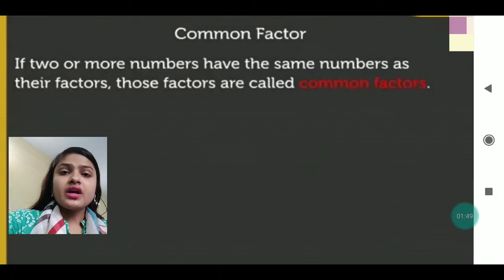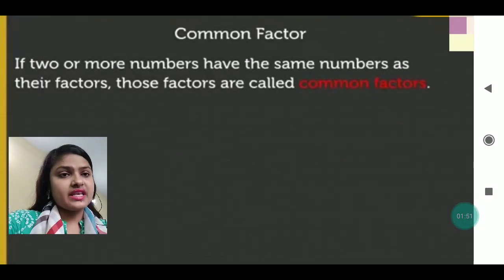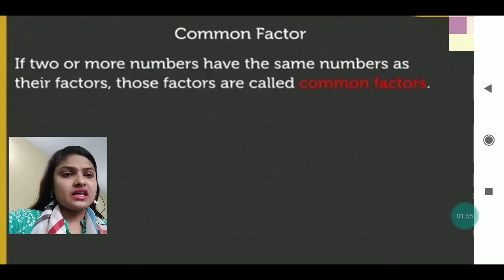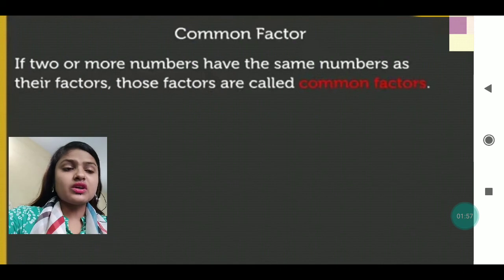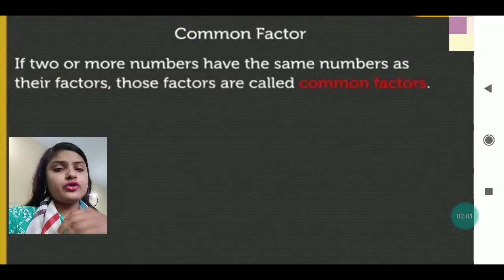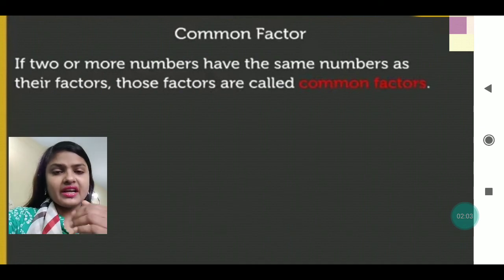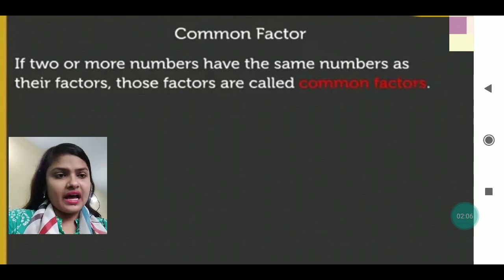If two or more numbers have the same number as their factor, those factors are called common factors. Common factors are those factors when two or more numbers are given and you are finding the factors of those numbers.